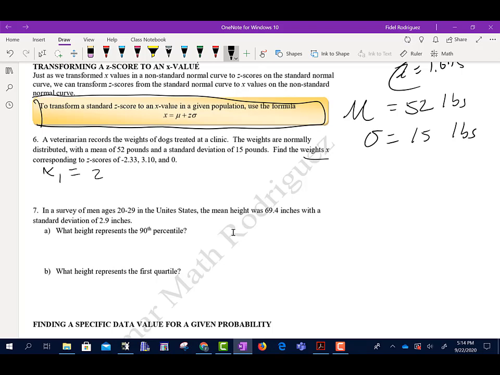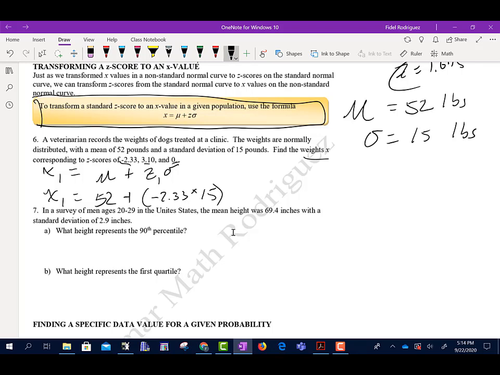x1 is going to be equal to, let me use my formula right here, mu plus, I'm going to call it z1, times sigma. The reason I'm using 1 is because I have 3 values there. So we said our mean was 52 plus the z value that they gave us, negative 2.33, times, instead of putting another parentheses, let me just go like this, times 15.